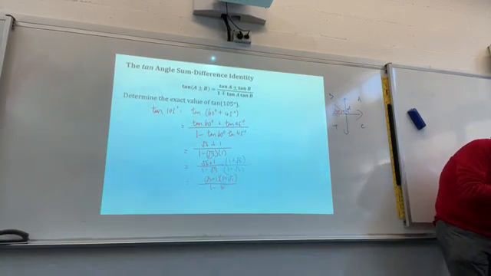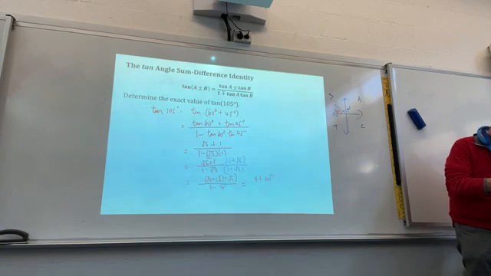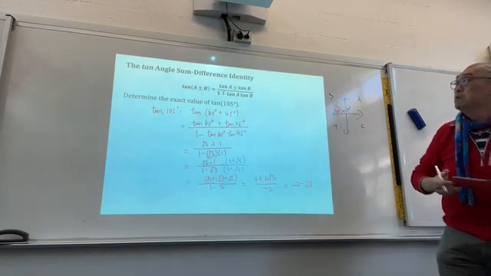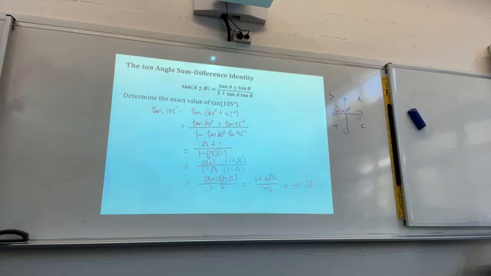So therefore, expand everything out, you should have 4 plus 2 root 3 over minus 2, which is minus 2 minus root 3. All right? So this is how you could use your tangent angle sum identity.